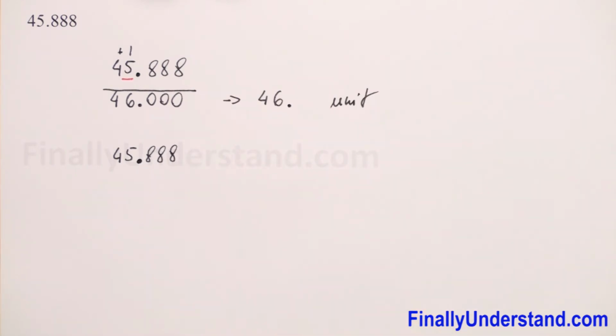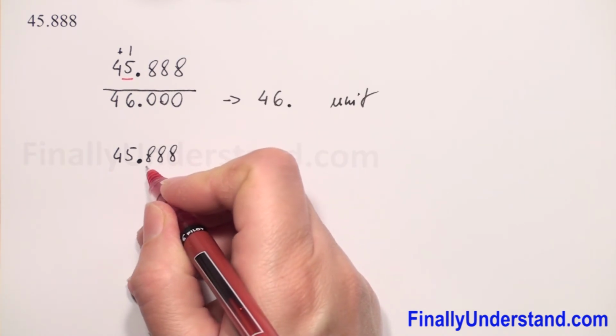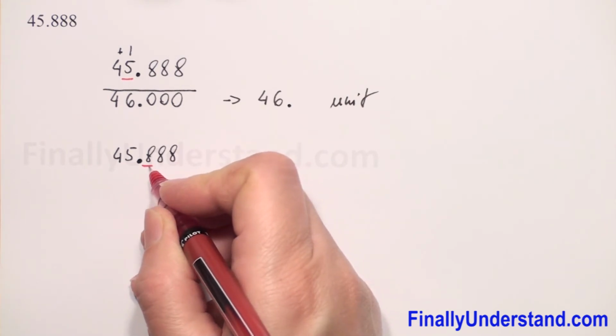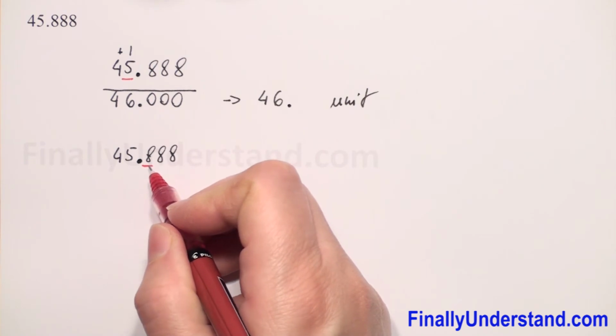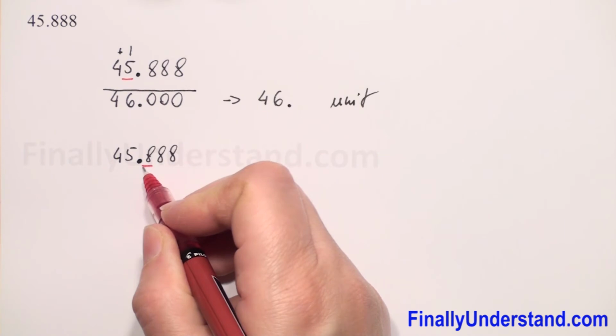So we have 8. First we have to underline the last digit which we need to keep. So this is 8, because we need to round to the nearest tenth.